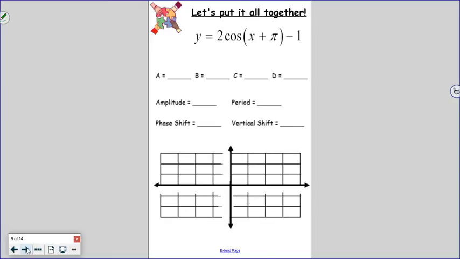All right, let's get some answers up here. Cole, what's our A? 2. Which gives us which below here? Amplitude. You are right. Good. Kaylin, how about B? And what did that tell you down here? Period. Yep.